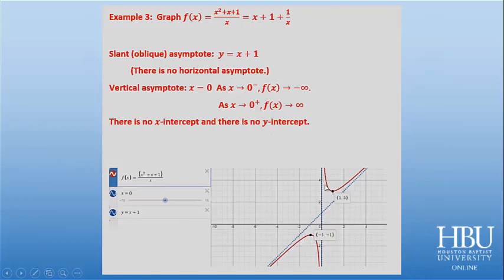And you can see how the graph is between the slant asymptote and the vertical asymptote for both branches of the graph. Hopefully you now understand the concept of asymptotes, and they are a tremendous help when you are trying to graph rational functions.